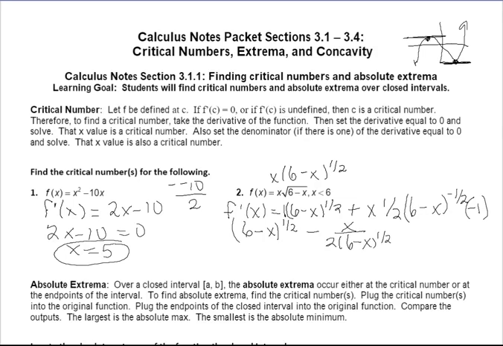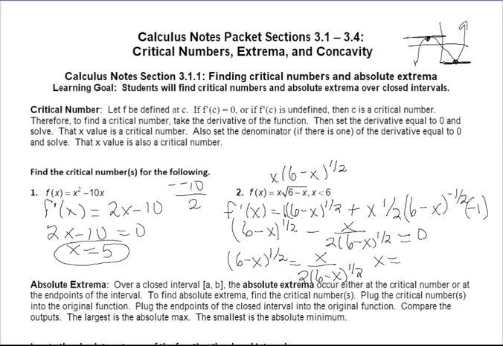Okay, so now I'm going to set that equal to 0. The easiest way to solve this might be to go ahead and take this over here. So doing that, I'm going to have 6 minus x to the 1/2 equals x over 2 times 6 minus x to the negative 1/2. Cross multiply now. x times 1 is just going to give me x.